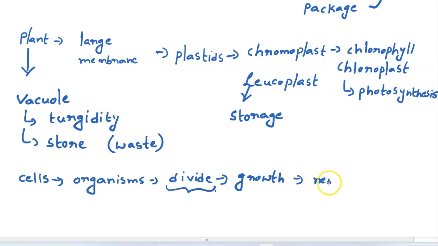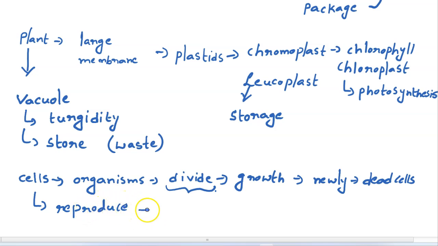Newly formed cells replace the dead cells. Even the cells reproduce new cells, or the information is passed on to the next generation with the help of formation of gametes. Gametes fuse together and help in reproduction of the next generation.